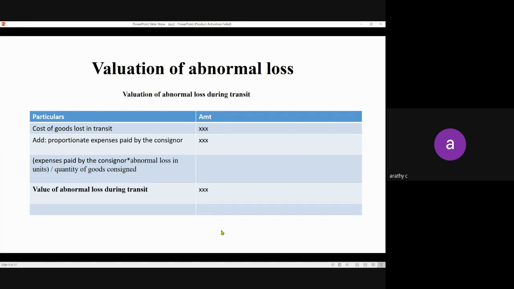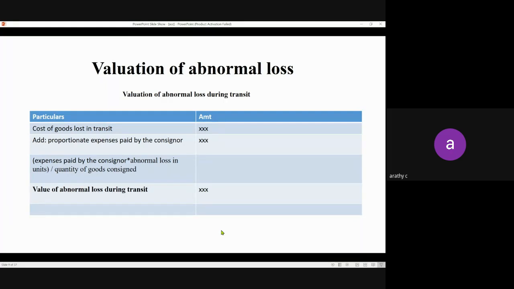First you have to write the cost of goods lost in transit. Then add proportionate expenses paid by the consignor. Then you will get the value of abnormal loss during transit.